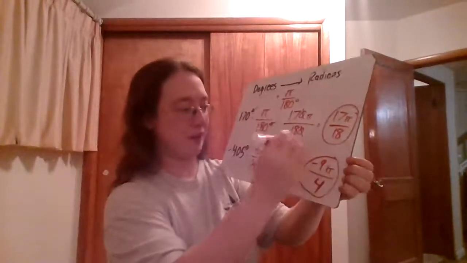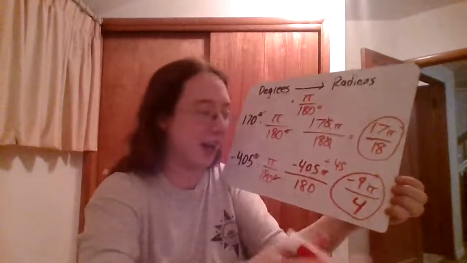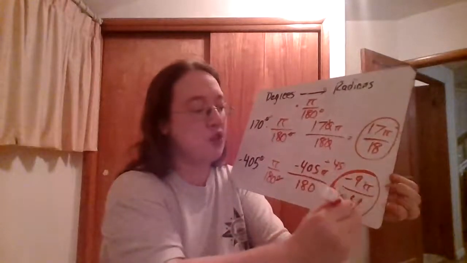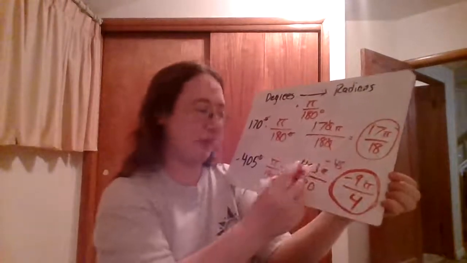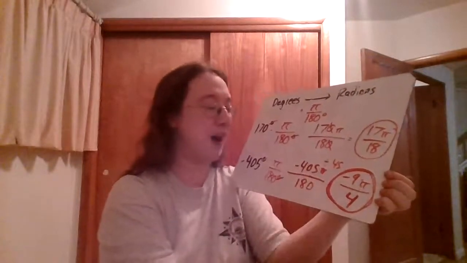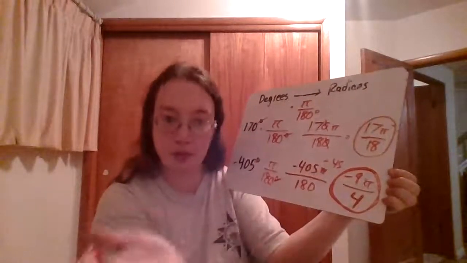Now, if you didn't know that they're both divisible by 45, and you saw 5, or 9, or 3, that's fine. You'd eventually get here. But we do want the reduced version here because we don't really know what 405 over 180 pi looks like. And again, negative can be either here or out here. It just needs to be somewhere. Okay.